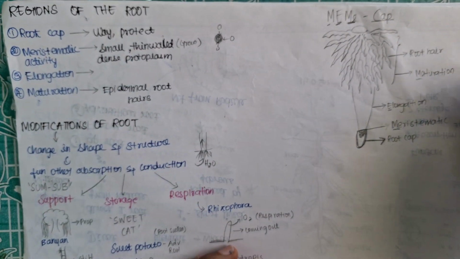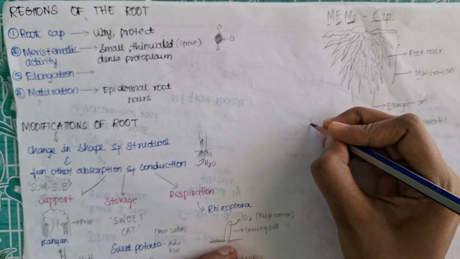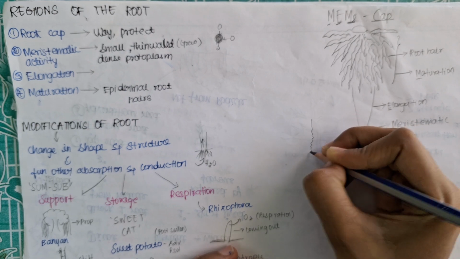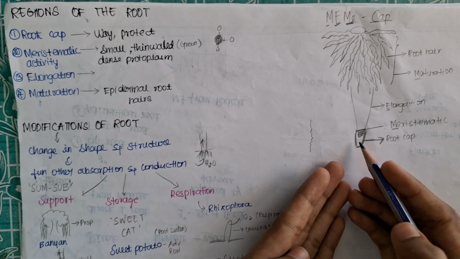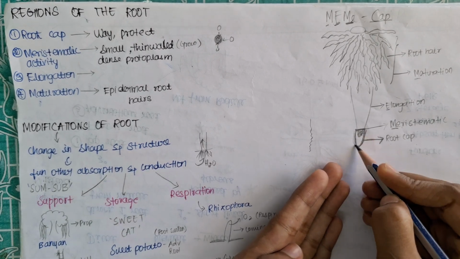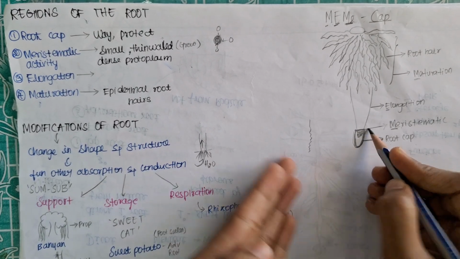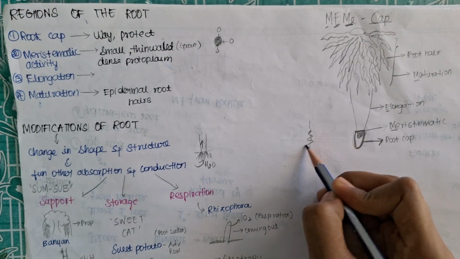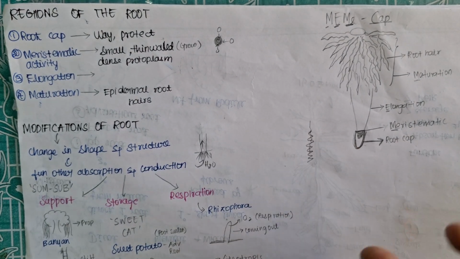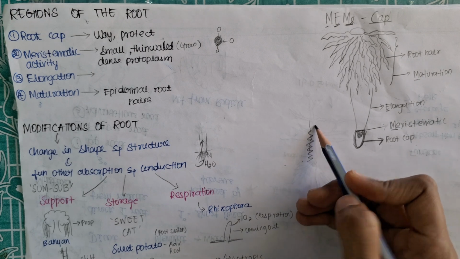If, let's say, the root wants to go like this, who will make the way for it? This root cap. This is your last part and it will protect. Whenever the root wants to go beyond, this root cap will make a way and also protect. It is a capping part but it will protect and also make a way for the root.